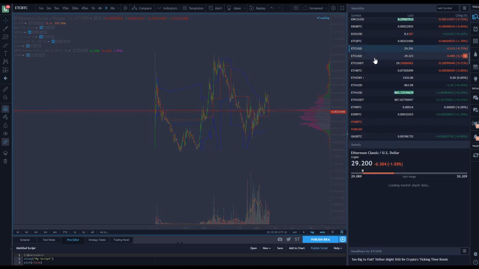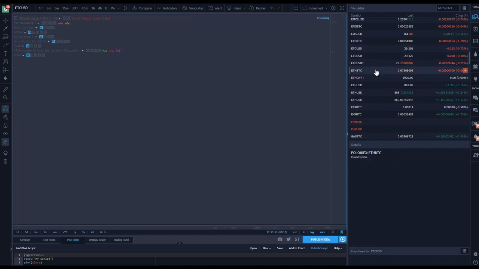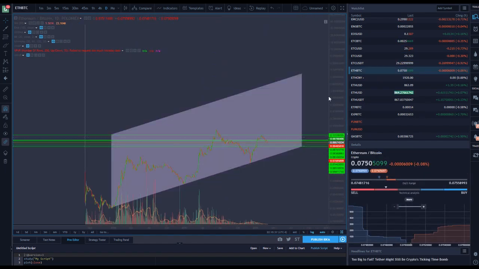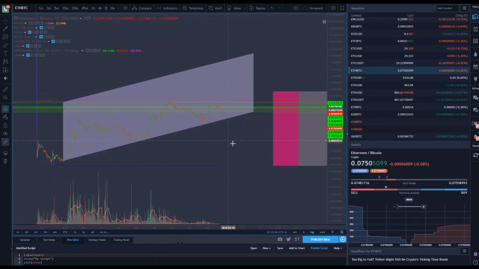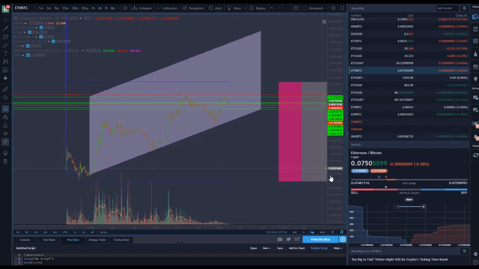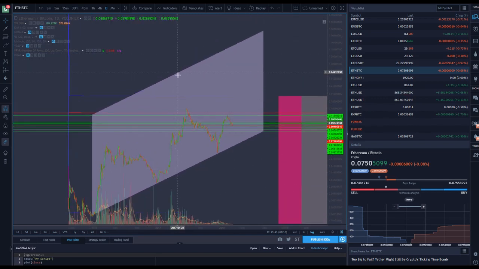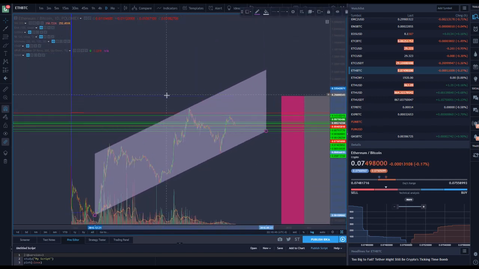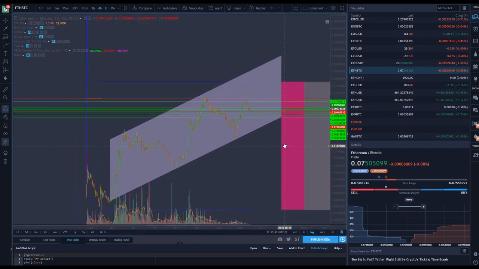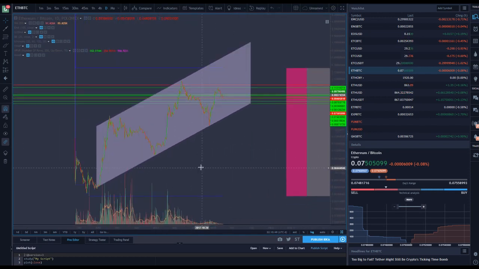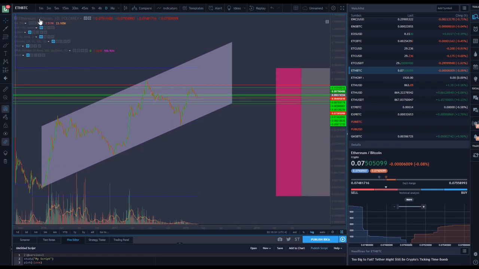I'll do this one. Yes, it was this one. So here you can see that this is Ethereum and Bitcoin pair.